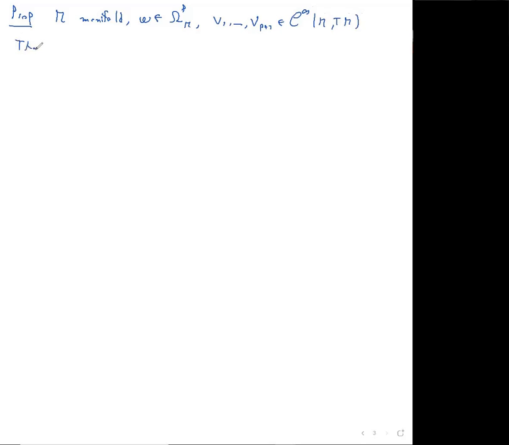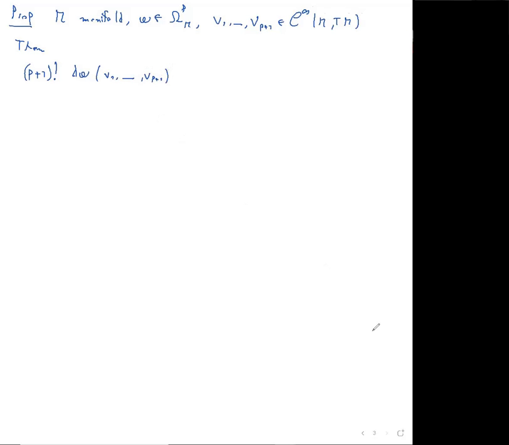Then, this is a big formula, probably need two lines. (p+1)! times d omega applied to the (p+1)-tuple of vector fields.